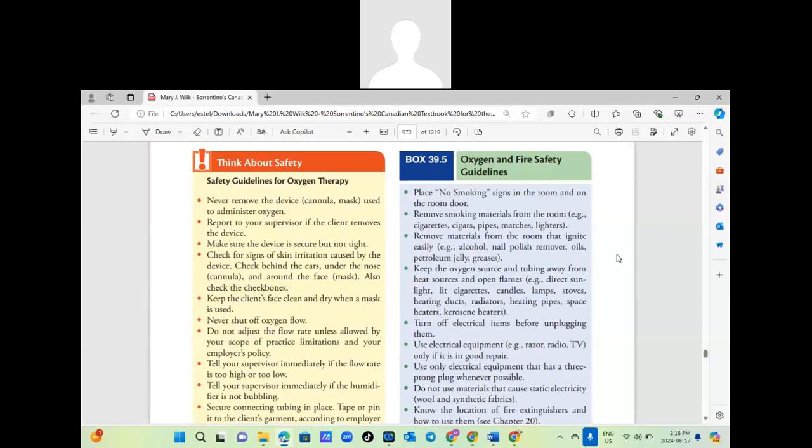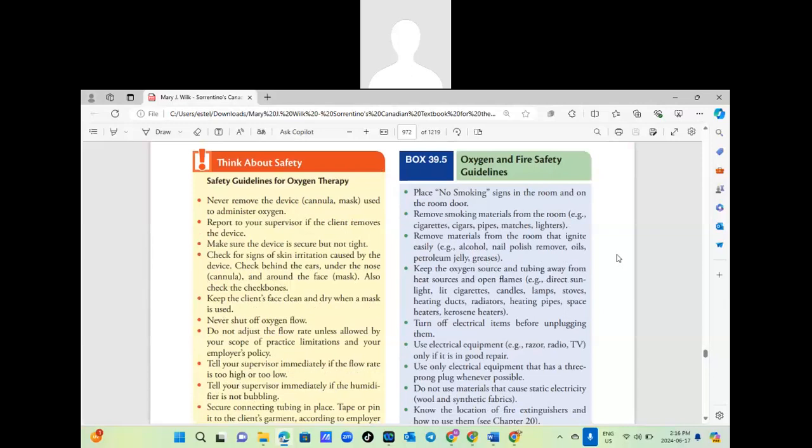Place no smoking signs in the room and on the door. Remove smoking materials from the room, for example, cigarettes, cigars, pipes, matches, or lighters. Remove materials from the room that ignite easily, such as alcohol, nail polish remover, oil, petroleum jelly, or greases.